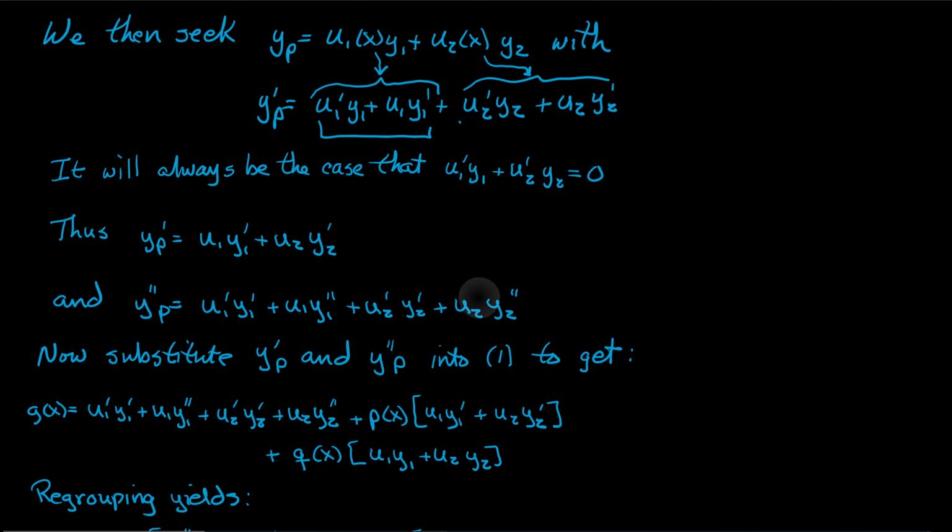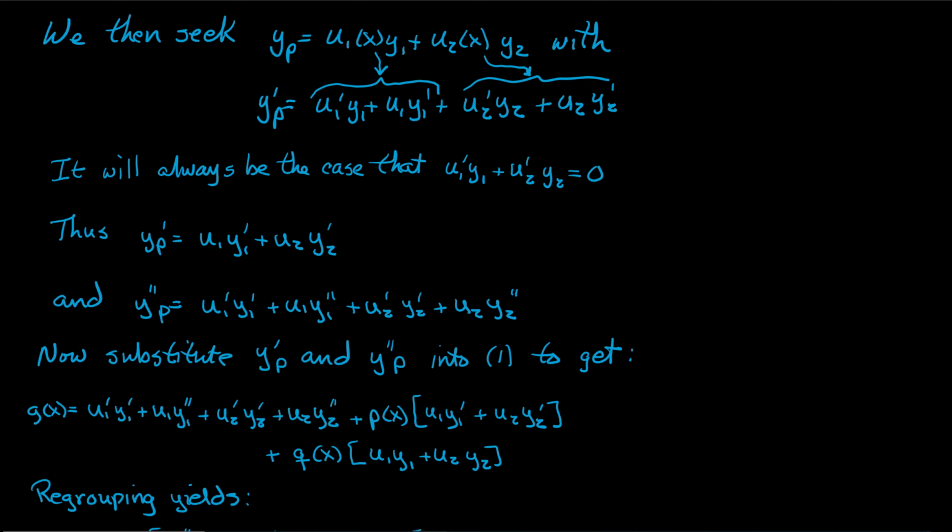Secondly, we obtain these two terms using the product rule on the second term in the top line. It's always going to be the case that u1 prime y1 plus u2 prime y2 is 0, which then allows us to simplify our particular solution's derivative, y prime of p, to u1 y1 prime plus u2 y2 prime.